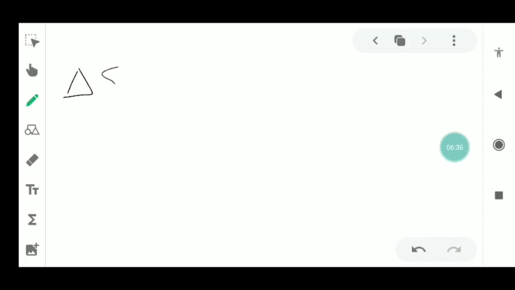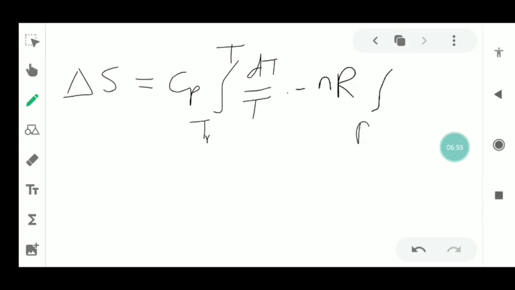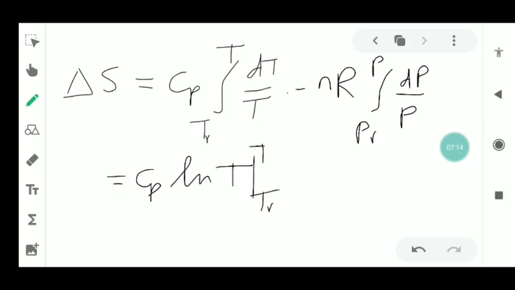So delta S, that is total change in entropy all over the process, is equal to Cp integration dt over T from Tr to T, and then minus nR integral over Pr to P dp upon P. We know the integration of 1 upon x is log x, and so we will get Cp log T from Tr to T minus nR log P from Pr to P.